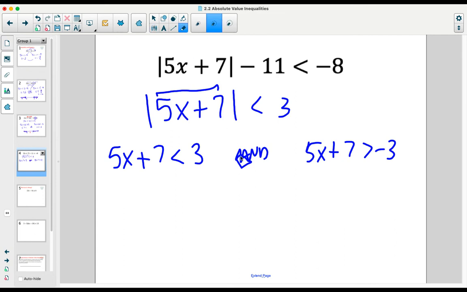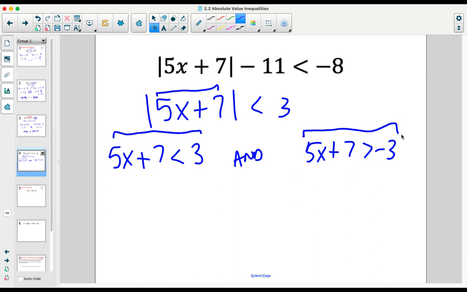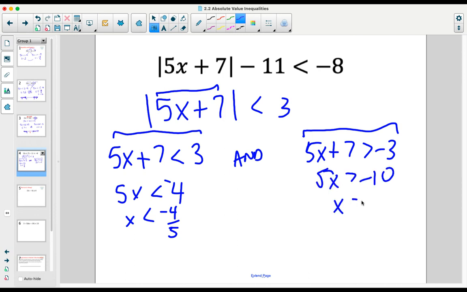That's a hard visual for a lot of people because if you're thinking that I'm greater than a negative number, you're automatically thinking, well, if I'm greater than a negative number, I'm all the positives. But this inequality here on the left is going to work together with this inequality here on the right to form that very defined region where we're going to find our solutions. 5x is less than negative 4, x is less than negative 4 over 5, and 5x is greater than negative 10, x is greater than negative 2.